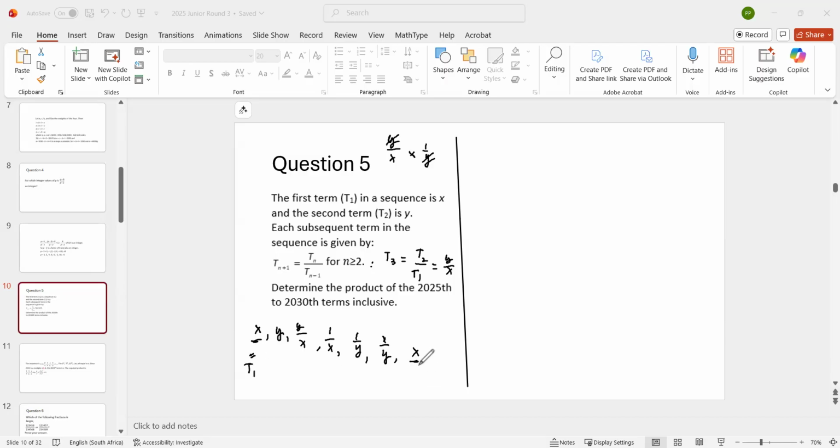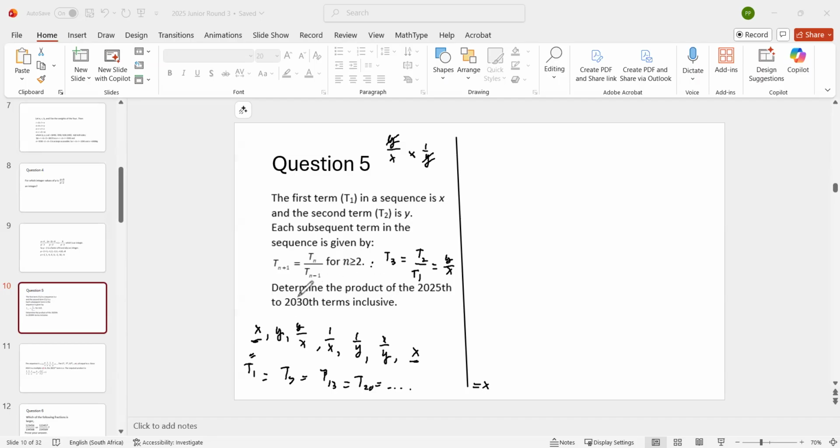So this is the same as the seventh term, 1, 2, 3, 4, 5, 6, 7. So t1 is the same as the seventh term. And you can see the next one will be 6 more than 7, t13. So t1, t7, t13, t19, all these are equal to x, right?